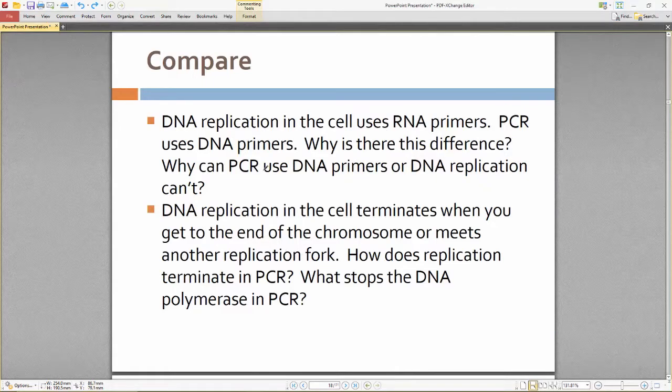Okay, so let's make some comparisons here. DNA replication in the cell, or in vivo, uses RNA primers. PCR uses DNA primers. So why is there this difference? Why can PCR afford to use DNA primers, but DNA replication can't?